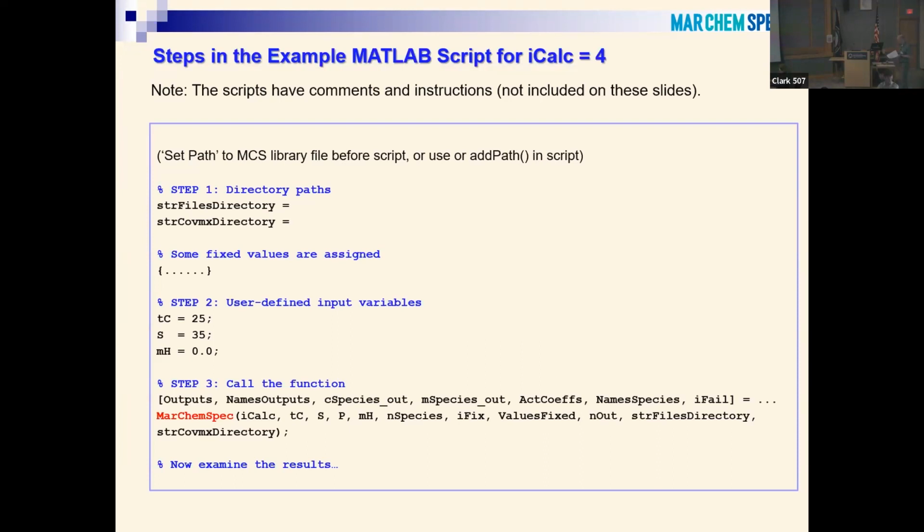And finally, you call the function, and that's a MATLAB call of MarChemSpec. So these are all the input values here, which you will have assigned, and in the square brackets are all the outputs. And all of that is explained in the manual, and we do it for every single iCalc case, for all 7 cases.